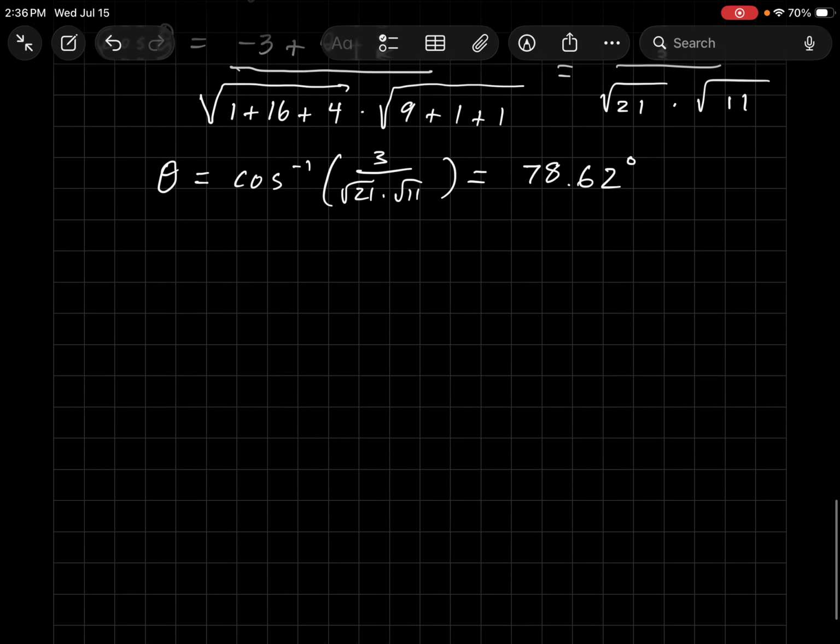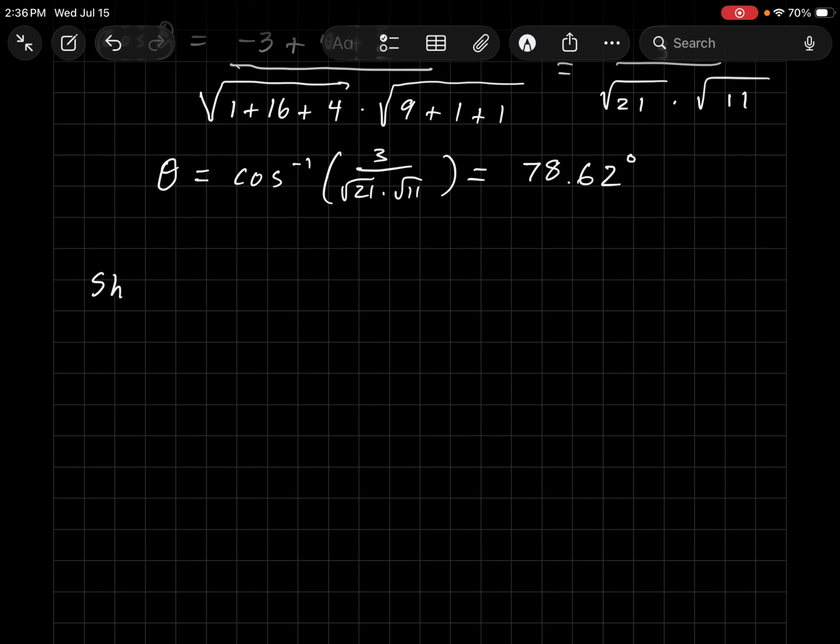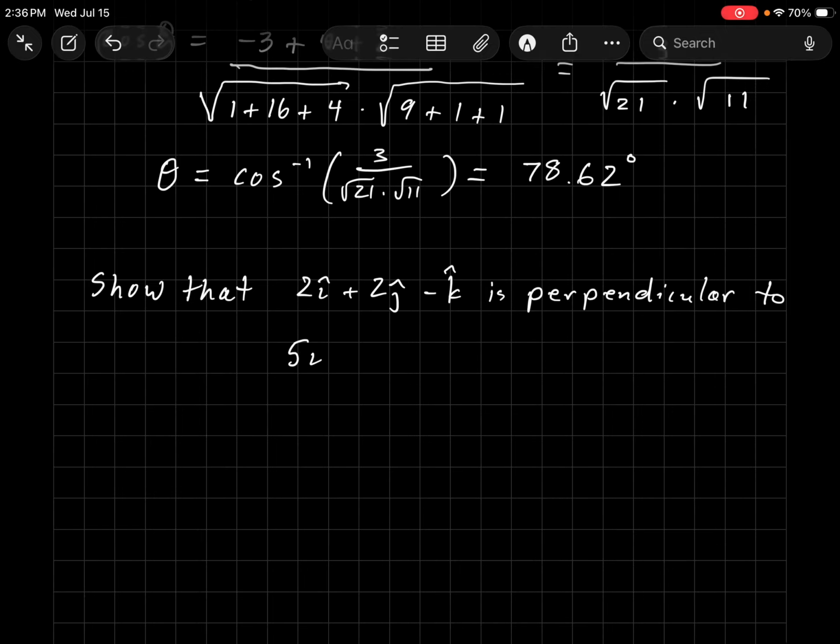Let me show one last example. We want to show that the vector 2i plus 2j minus k is perpendicular to the vector 5i minus 4j plus 2k.